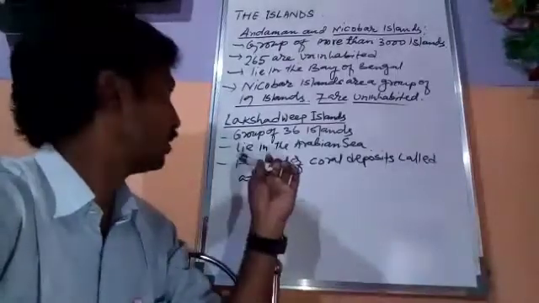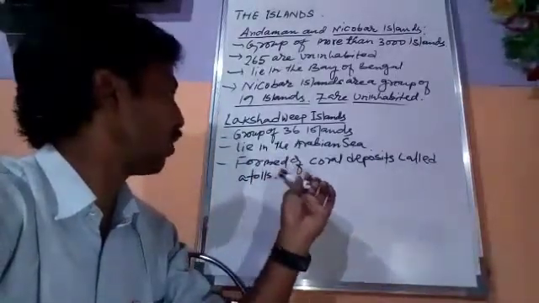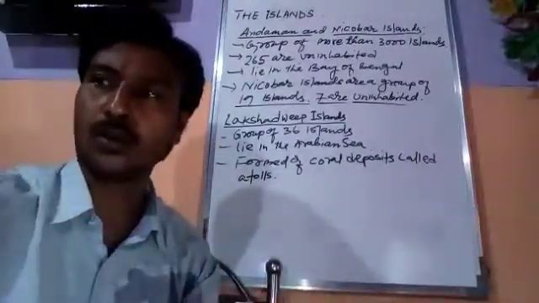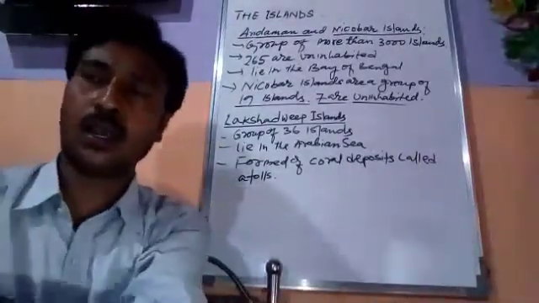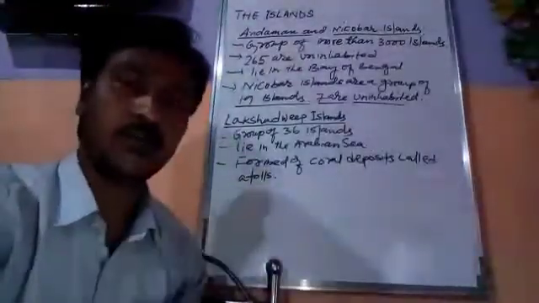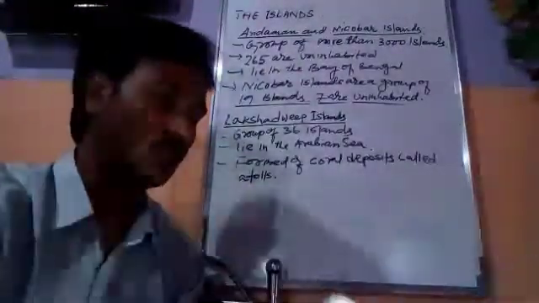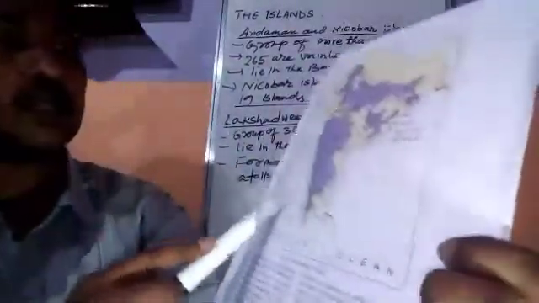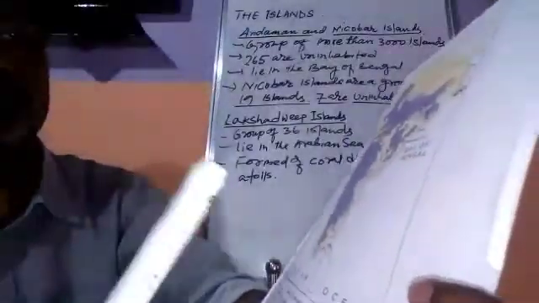It is formed of coral deposits called atolls. So students, these are the island groups of India found in the Arabian Sea and the Bay of Bengal. In the book you can see the island groups. This is the Lakshadweep Islands in the Arabian Sea, whereas the Andaman and Nicobar Islands are found in the Bay of Bengal.